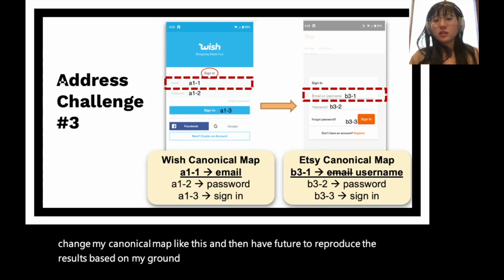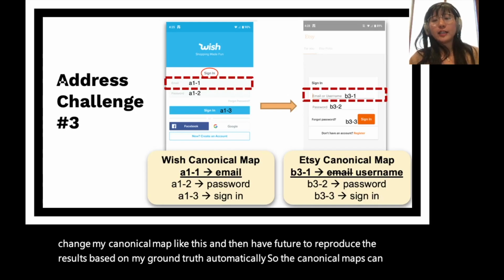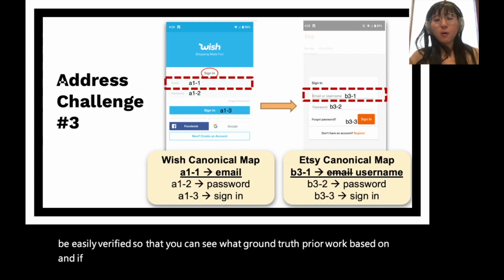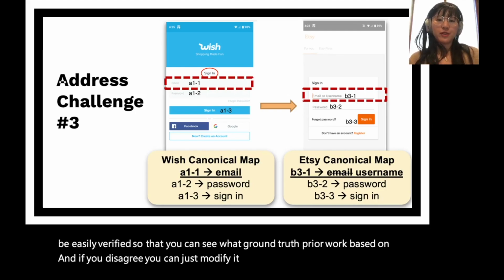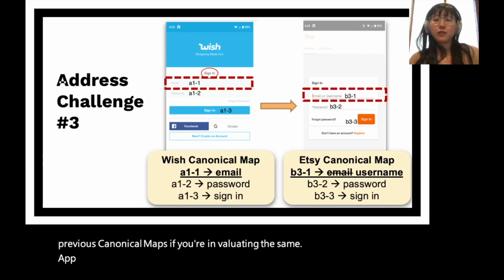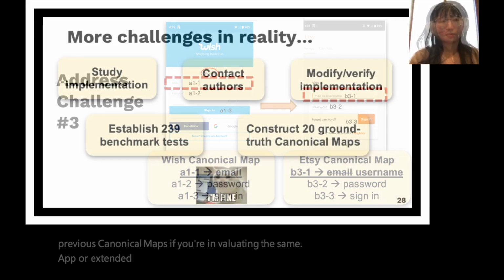So the canonical maps can be easily verified so that you can see what ground truth prior work is based on. And if you disagree, you can just modify it, or you can even reuse the previous canonical maps if you are evaluating the same app, or extend it to benefit future research as well.